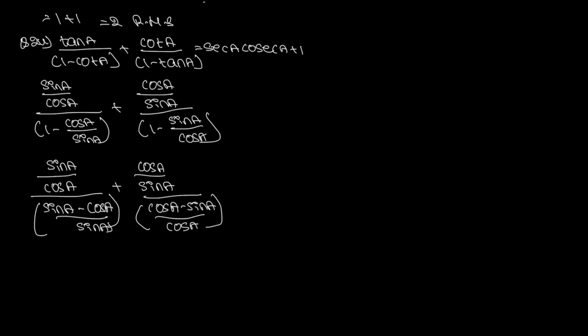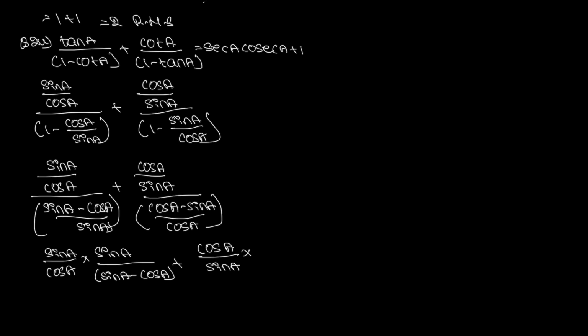Let's transpose the denominators to the numerator, so these values will become reciprocals. That means we'll get sin a by cos a into sin a by sin a minus cos a. This is our first term. Next we have cos a by sin a into cos a by cos a minus sin a.